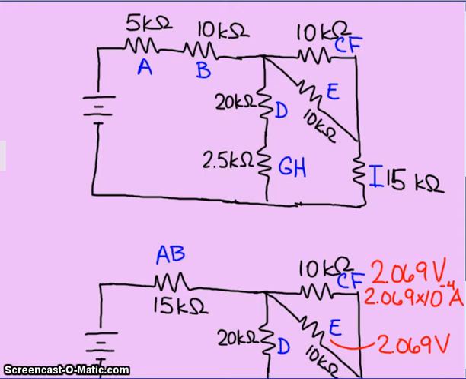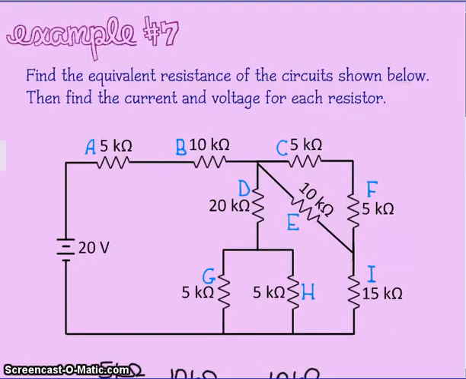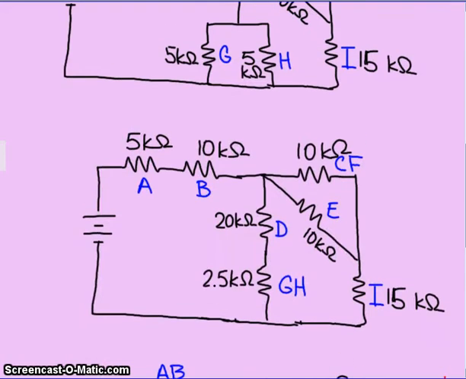They are in series, so they have the same current as resistor AB. And resistor AB has a current of 7.816 times 10 to the negative fourth amps. I'll write that for A and B on my chart.